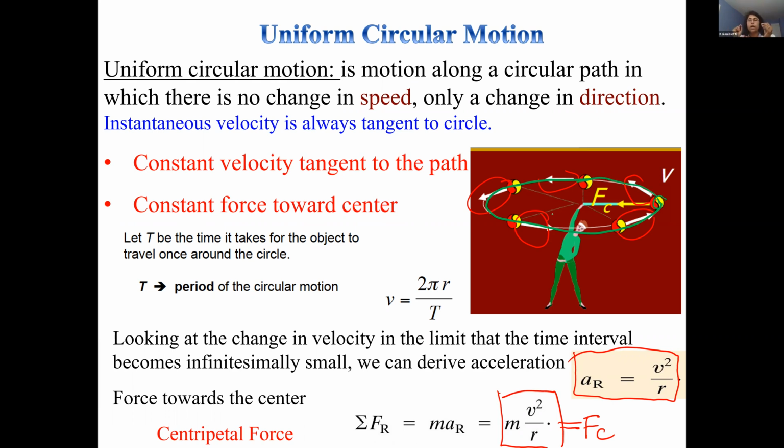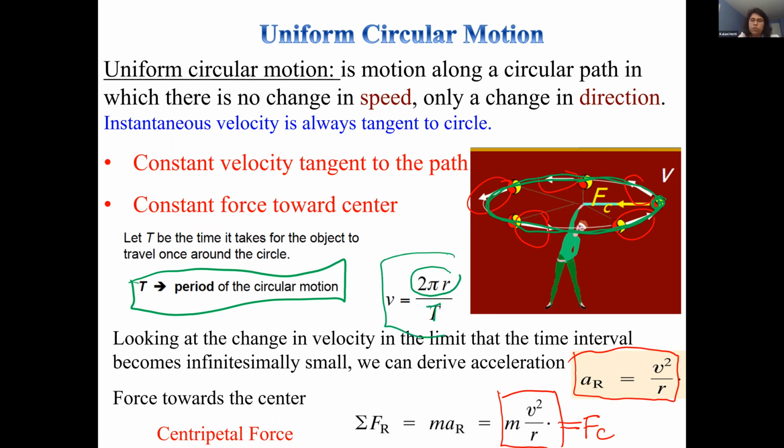If you take a timer and measure the time for that cycle, we call it the period, measured in seconds, right? If this object has speed v, it travels the distance of the circumference of the circle, 2 pi r, divided by the time it takes, and then you can calculate the velocity. It's a really simple calculation.